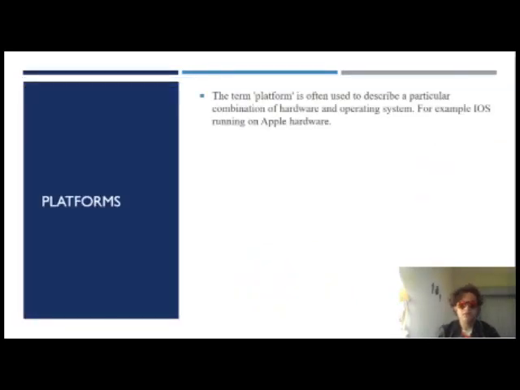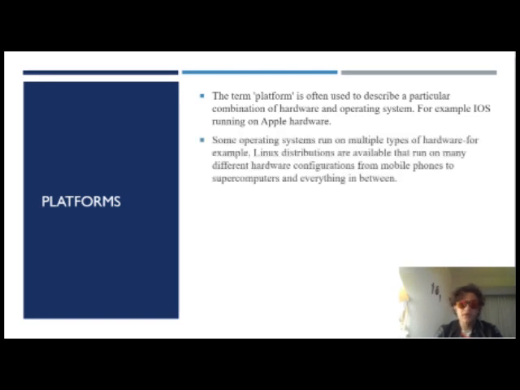So, the platforms. The term platform is often used to describe a particular combination of hardware and operating system. For example, we all know iOS on every Apple hardware. That is an example of a platform. Some operating systems run on multiple types of hardware.